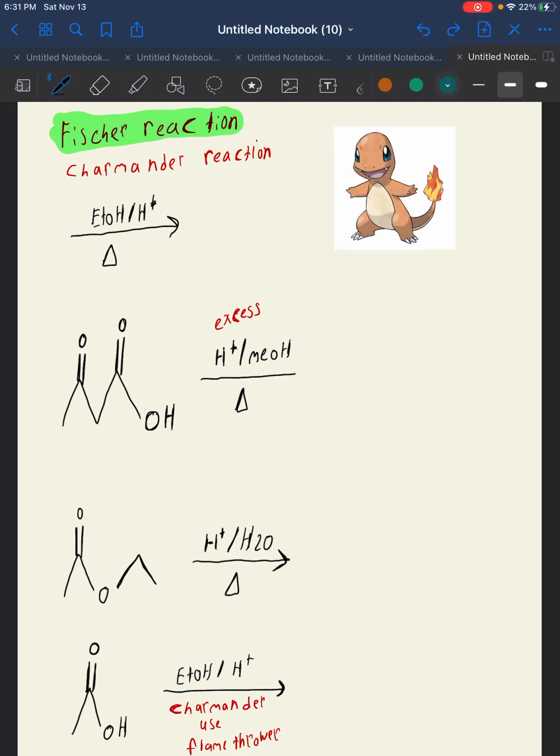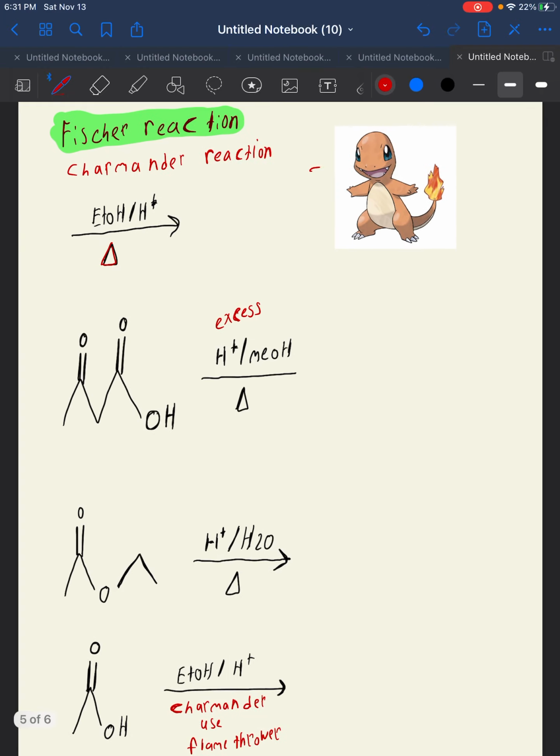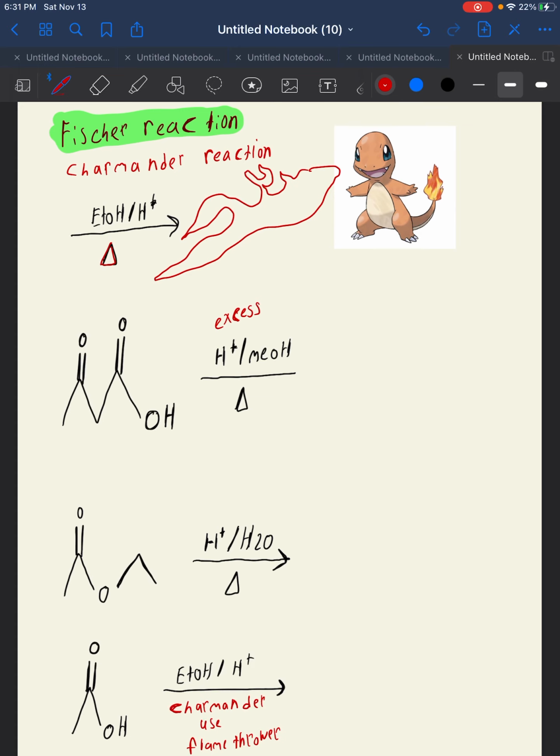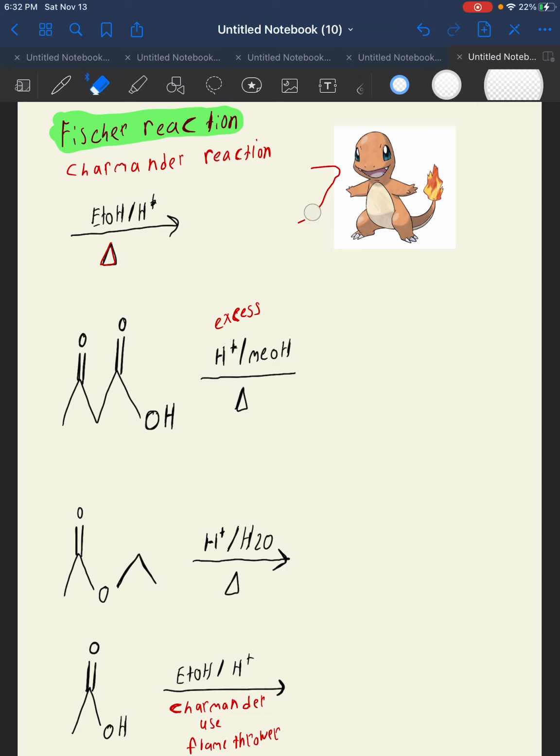And how this works is, if you see this emblem, that then means that there is heat involved in this reaction. And that's the difference between the acetal formation and the Fischer reaction, because it utilizes heat in order to break those bonds. It does also follow the same rules as the acetal formation, so I'll show you what I mean by that in this first example.